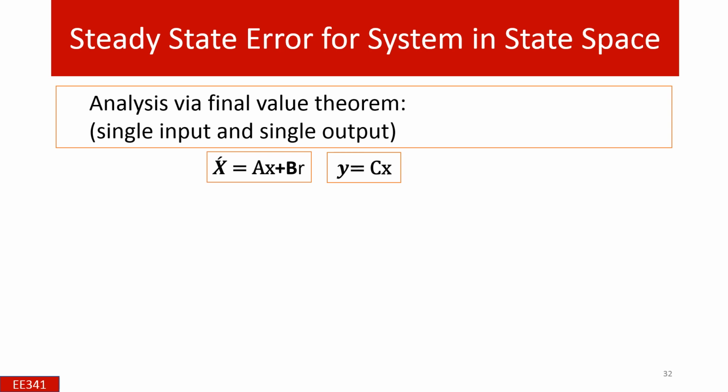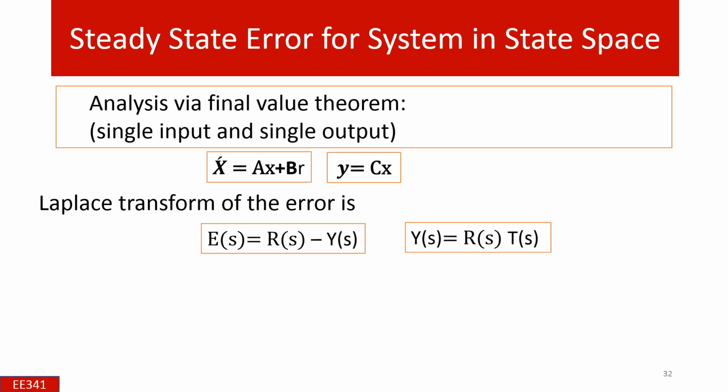Similarly, output is equal to C times the state variables. And if we apply the Laplace transform, we find the output relation in this format.